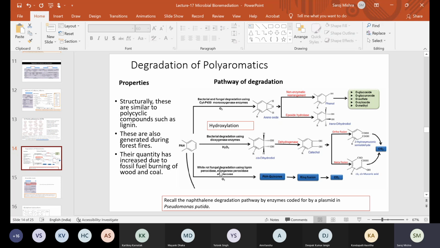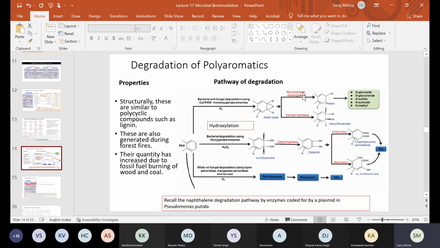So these fungi make enzymes like lignin peroxidase, manganese peroxidases, and laccases in the presence of molecular oxygen. They form polyaromatic hydrocarbon quinones, which are highly reactive, then ring fission, and eventually carbon dioxide is released. So this route shows that there are both bacteria as well as fungi in nature which are capable of breaking down these polyaromatic hydrocarbons.